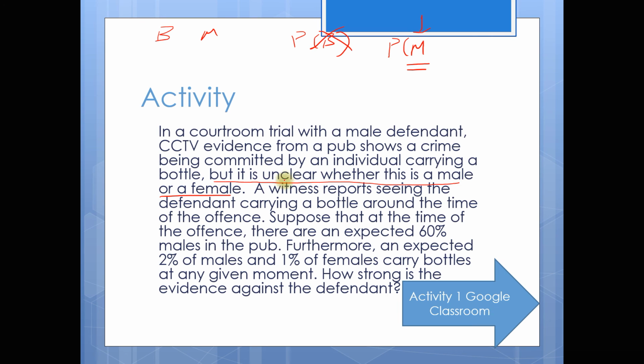So this is where the probability comes in. It's not about carrying a bottle, because it's a fact that the person is carrying a bottle. What is unclear is whether the one who committed the crime is male or female. So it's a probability of the gender that I'm going to be computing. But let's continue reading to see if I am right or wrong.